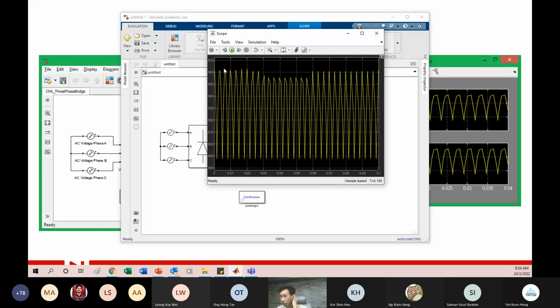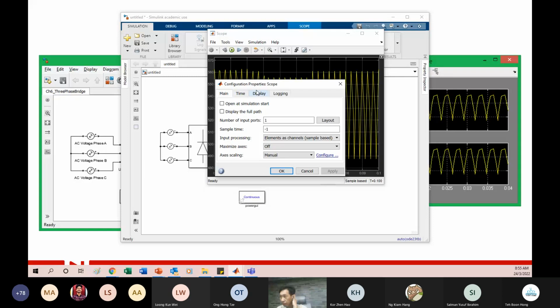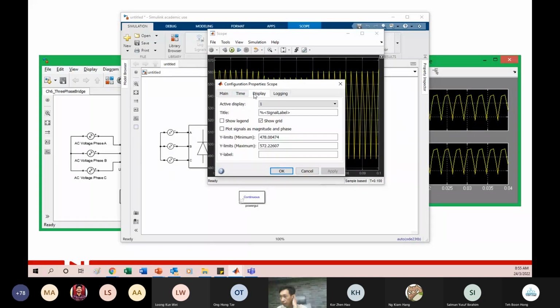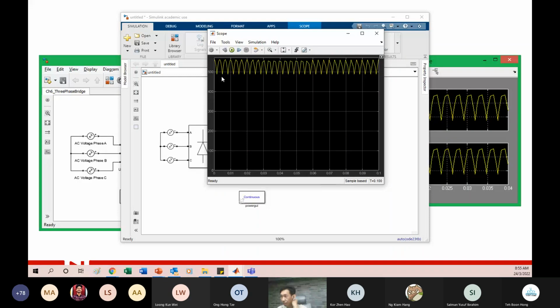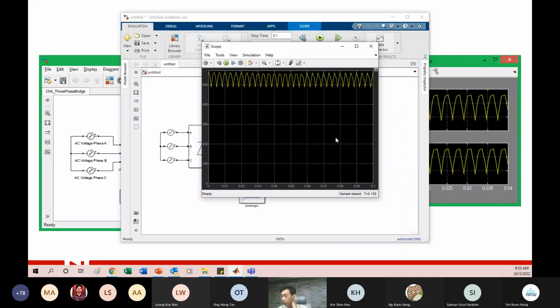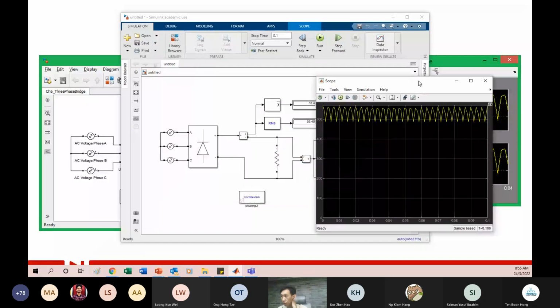If I change the scale, the minimum, if I change the minimum to 0, you will see that the 0 is here, so the ripple is not as high as the full wave. A bit of this is because of a solver problem. If you have a better solver, it should give you better results. You can see the resolution is not so high. Let me try changing the solver.